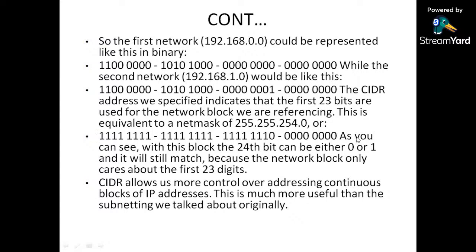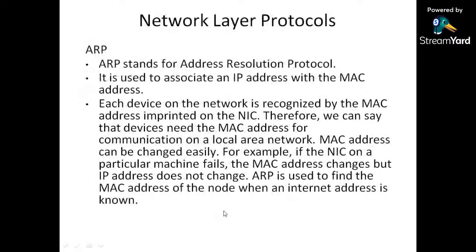The 24th bit can be either 0 or 1 and still match, because the network block only cares about the first 23 bits. So CIDR allows us more control over addressing IP addresses. This is much more useful than the subnetting we talked about originally.